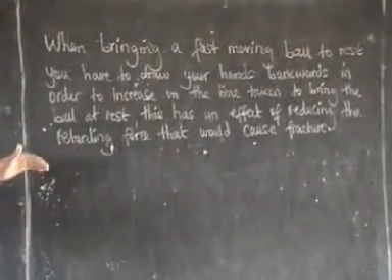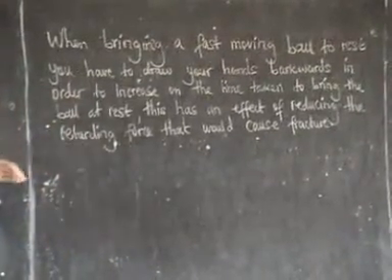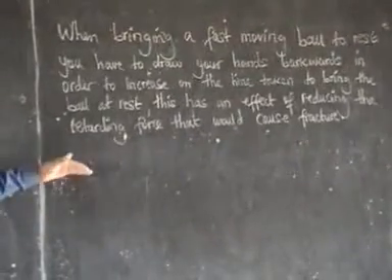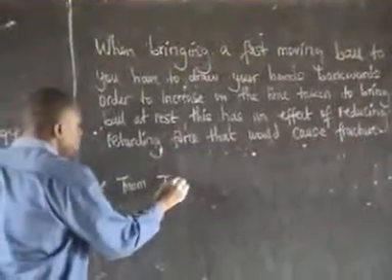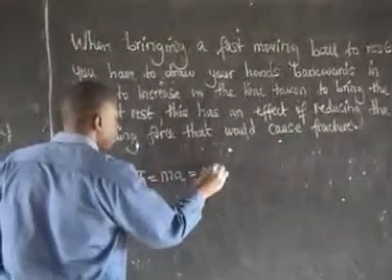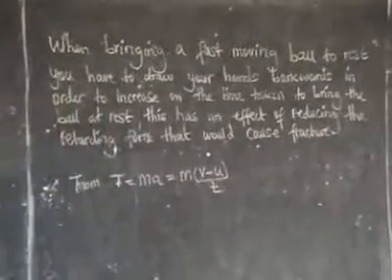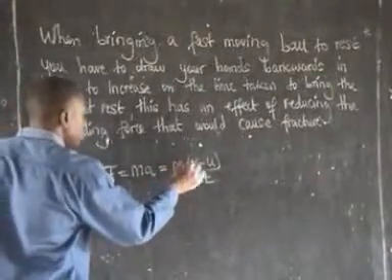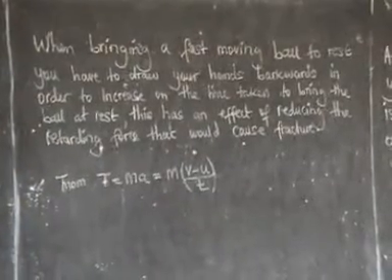Whenever you increase the time taken for the body to come to rest, remember, for the body to decelerate, F is equal to ma is equal to m(v minus u) over t. So our force is proportional to the retardation or acceleration.